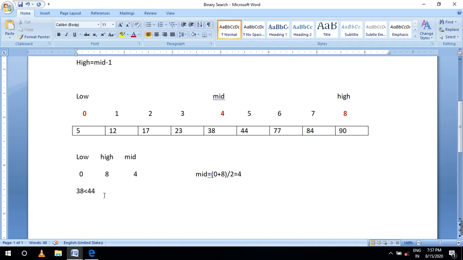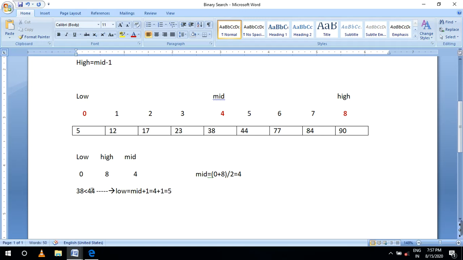At that time, you compare the low level element with the searching element. That's why we include the formula low equals mid plus 1. Now the mid value is 4, so 4 plus 1 equals 5.